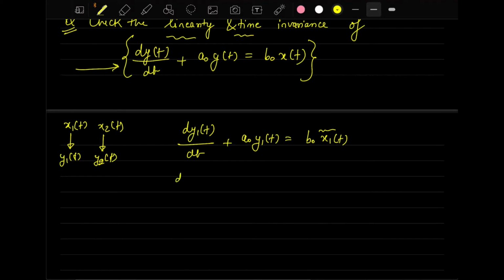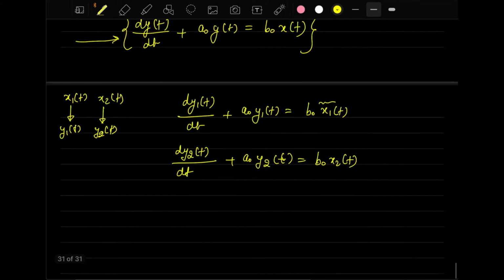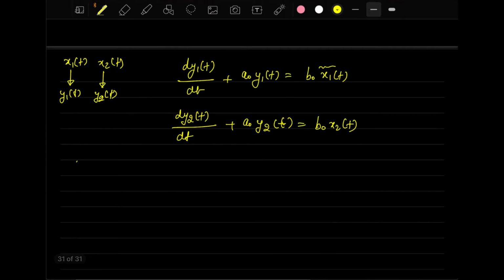Now in the second case, you apply x2, and the corresponding answer you get is y2, with b0 x2(t) on the right side. Now that we have these two, let us see how an arbitrary signal x3(t) responds. Write x3(t) as alpha1 x1(t) plus alpha2 x2(t), where alpha1 and alpha2 are arbitrary constants.